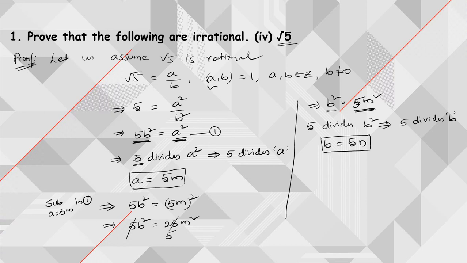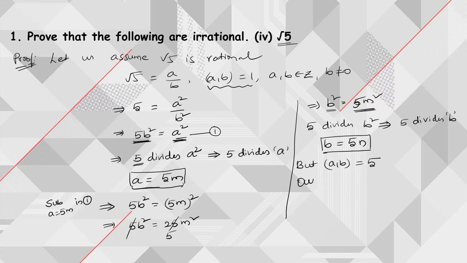But from our assumption, there are no common factors for a and b, but here a and b are multiples of 5. That means 5 is a common factor. But from this what we got, the HCF of a comma b is equal to 5, which contradicts my assumption, right?